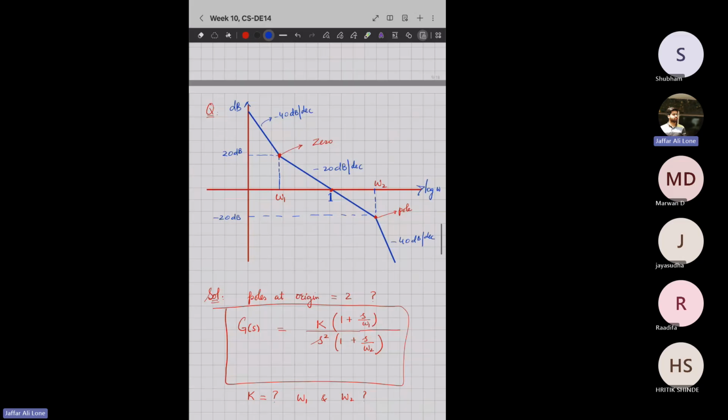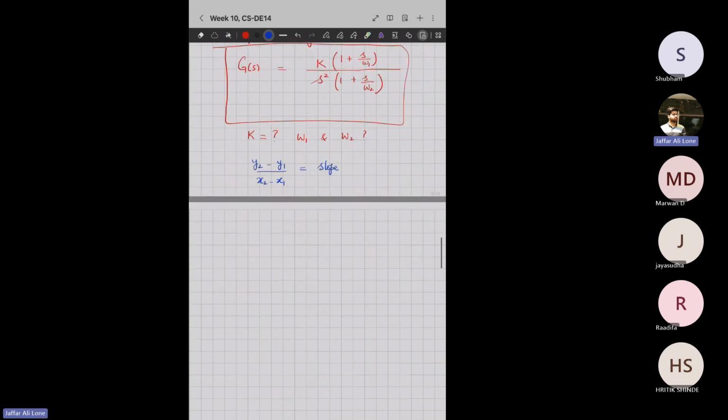Now see this triangle here. Slope is minus 20 dB per decade. Let's assume this is my x2, and I know y2, which is 20. I know my y1, which is 0. So this magnitude I know is 20, this magnitude I know is 0, this frequency I know is 1, and this frequency I have to evaluate. Very simple, right?